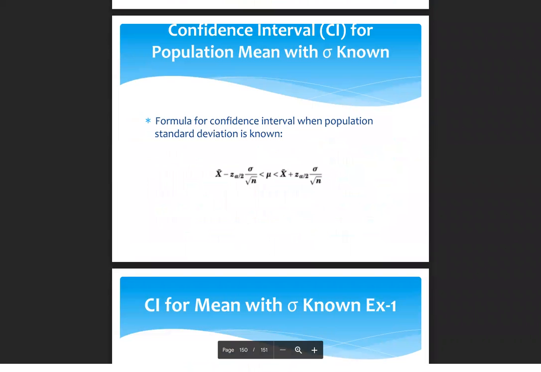Previously, I said that we are going to do confidence intervals for proportion, mean, and standard deviation. So we did it for proportion. Now you're going to do it for mean. Mean has 2 scenarios: when you know sigma or when you do not know sigma.